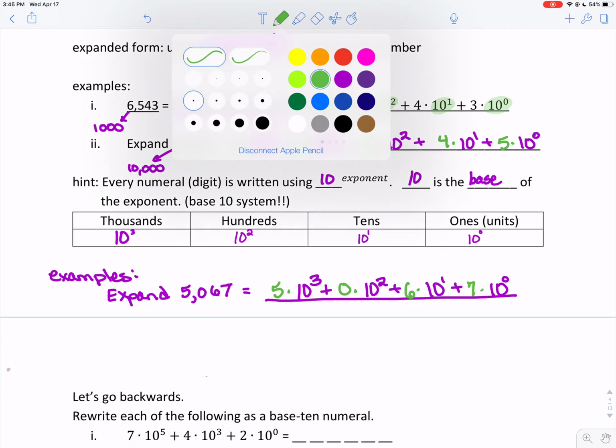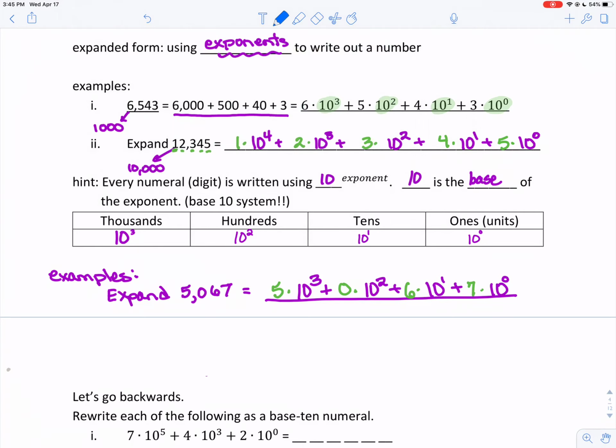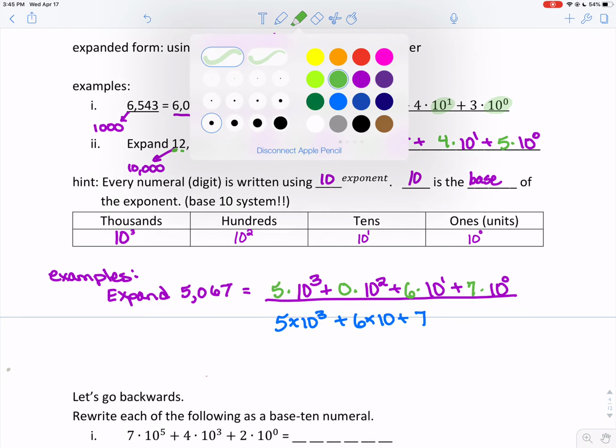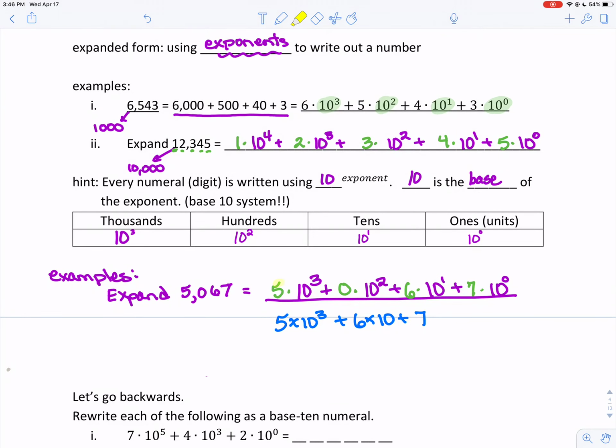Now what happens if you have a student that gives you this answer? 5 times 10 to the third, 6 times 10 plus 7. Is that correct? Well, it's correct if it's equivalent, so let's compare them. The 5 times 10 to the third is the same. Okay, the times sign looks different, but it's really saying the same thing.